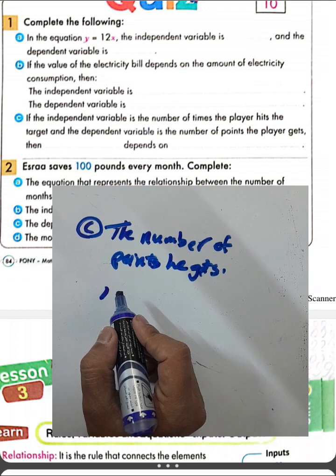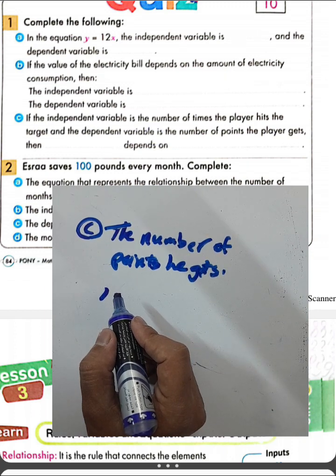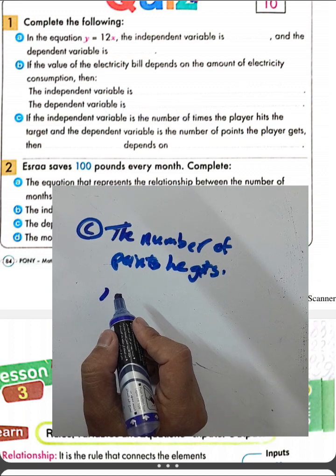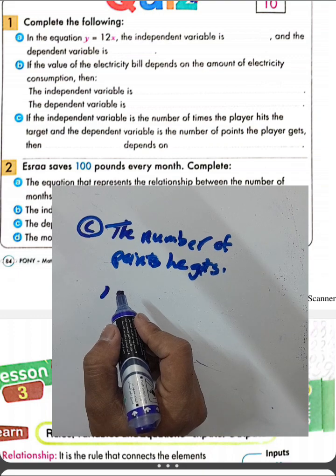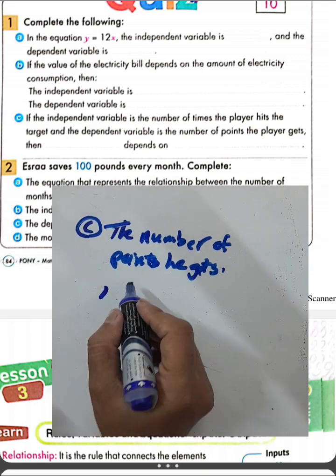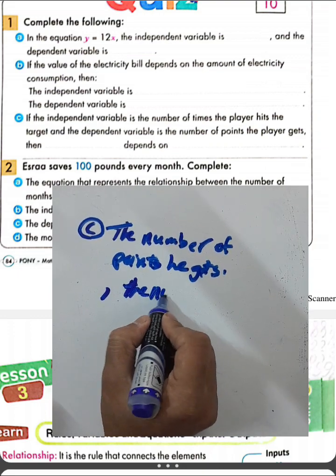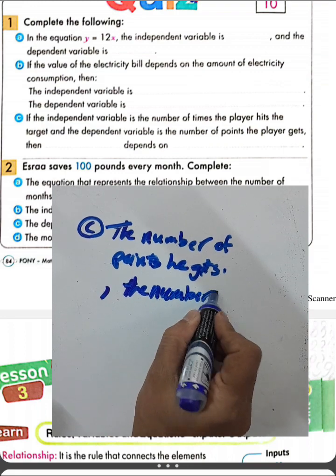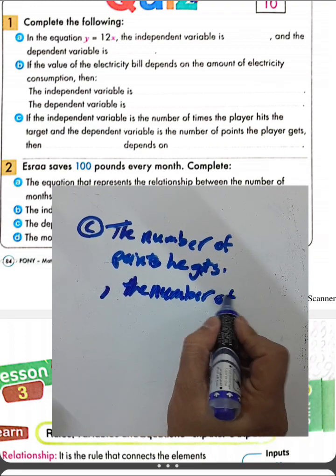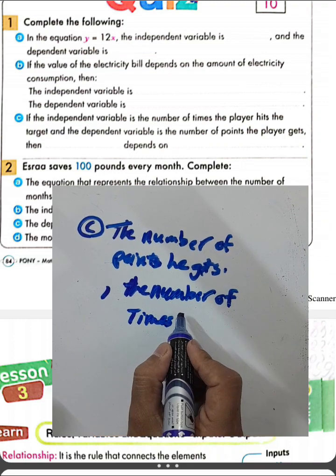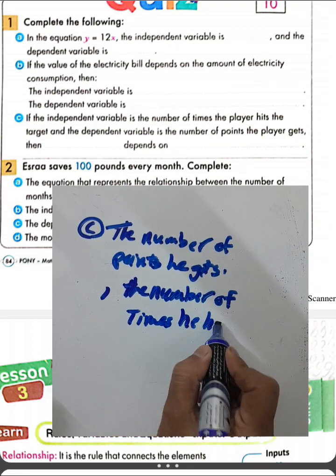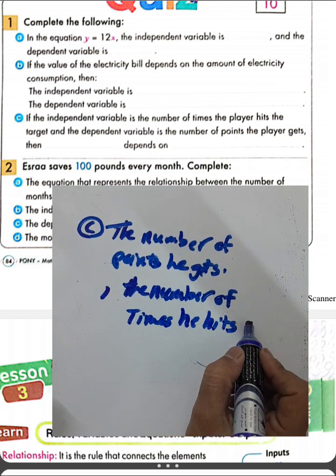Independent variable is the number of times the player hits the target. Okay, right? The number of times he hits the target.